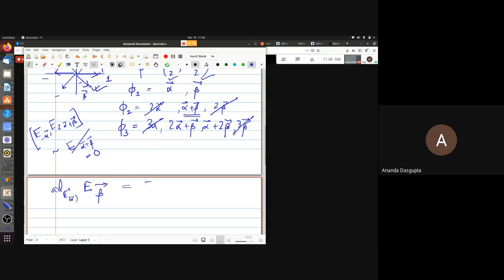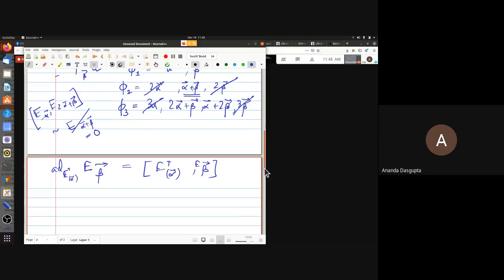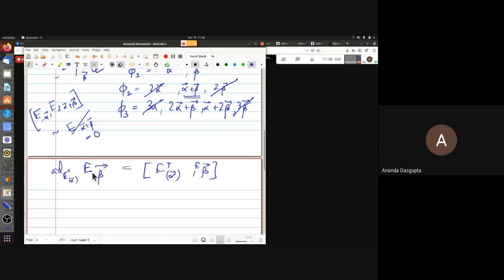And what we are going to ask is, are we at all going to be able to raise E beta?